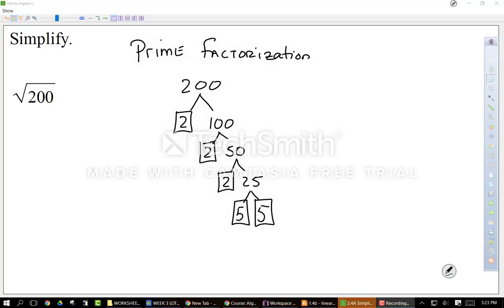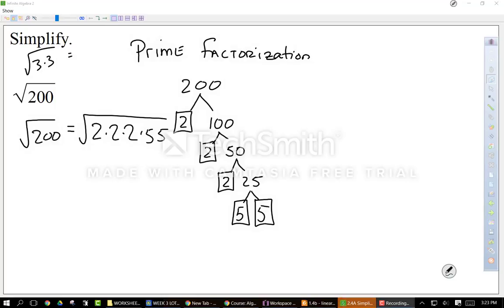So what I want to do is write those numbers out. The square root of 200 is actually equal to the square root of 2 times 2 times 2, I have 3 of them, times 5 times 5. What I'm then going to do is look at pairs. Remember, with square roots, we deal with pairs. So the square root of 3 times 3 is 3.